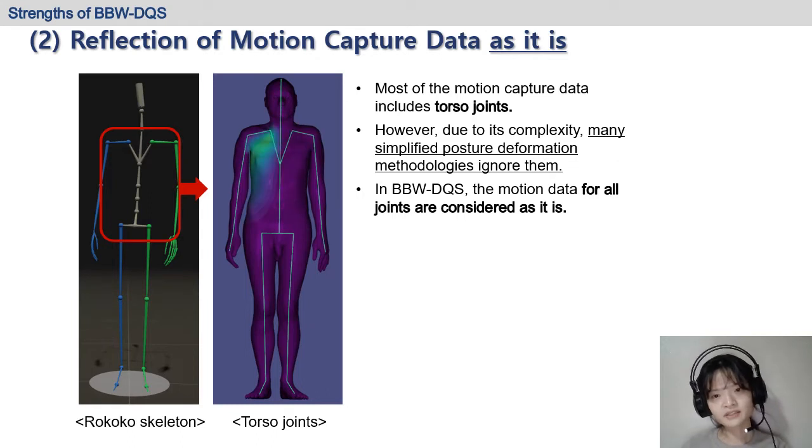Therefore, in many simplified posture deformation methodologies, these torso joints are ignored, assuming that there are only slight deformations in these torso joints. However, in BBW DQS, all the joints are considered as given in the motion capture data.